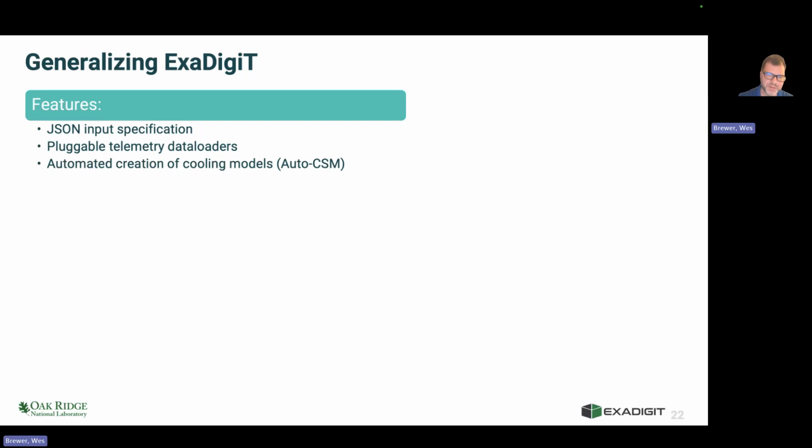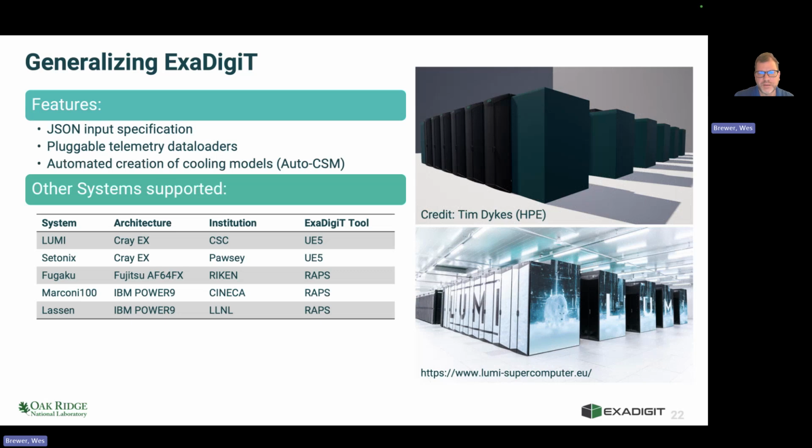And then we also developed something called Auto CSM, which is a Python tool that actually generates Modelica code. This is to lower the learning curve of using Modelica to develop cooling models. And so we've been working on developing digital twins of other systems such as Lumi, Photonics, Fugaku, Marconi 100, and Lassen.